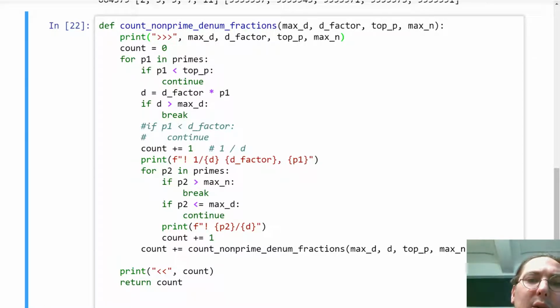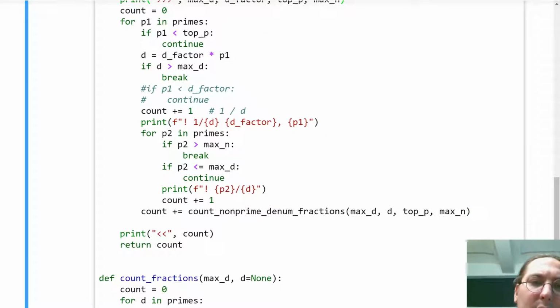So it gets past here, then we're at 2 times 2, 4 times 2 is 8. 8 is not greater than 8. And then we get into this.